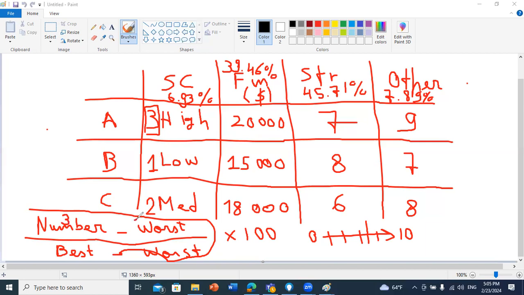So 3 minus 1 over best minus worst, 3 minus 1. So it's 1. 1 times 100, so no need to apply the formula. You can directly say that the best option will have a score of 100, okay? And the worst option will have a score of 0. But you can verify the formula using this method.